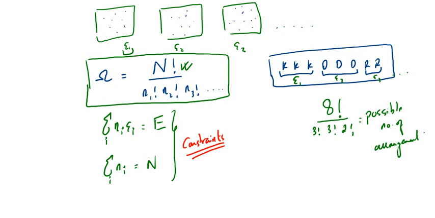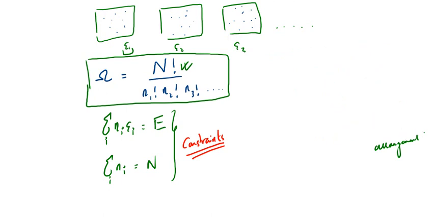Now, it would be very difficult for us to maximize this the way it is. So what we basically do is try to maximize the log function instead of the omega function here. So we write ln omega, and we maximize this because the log is a monotonic function.